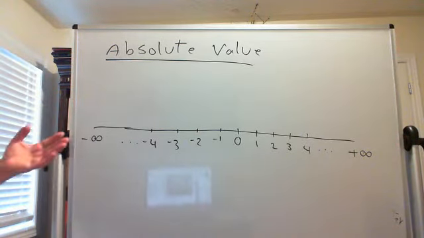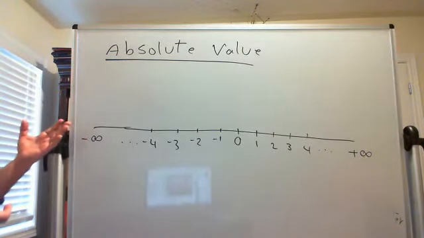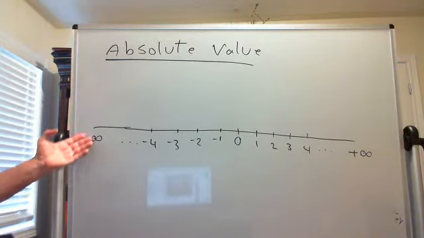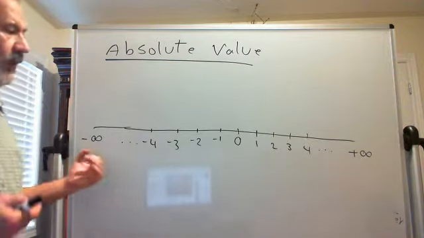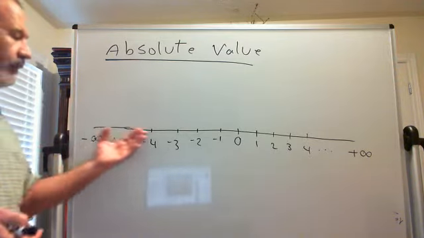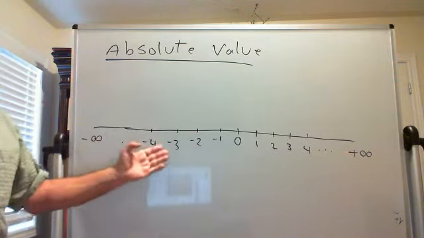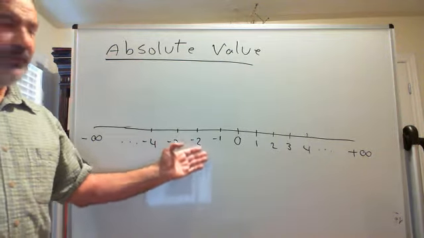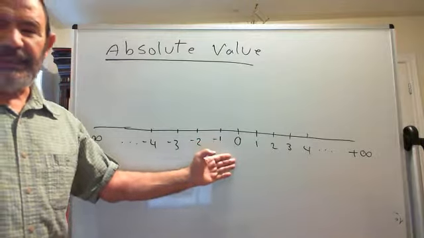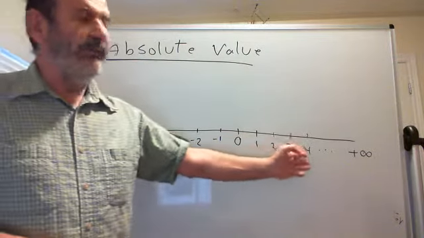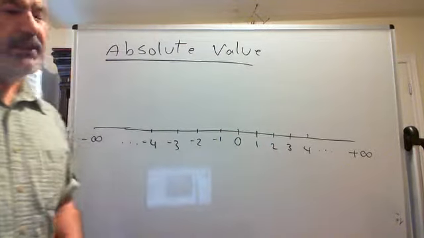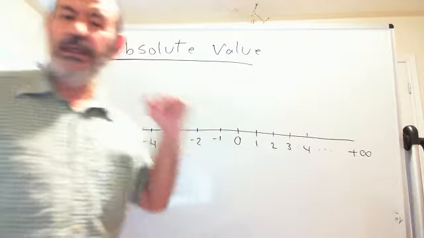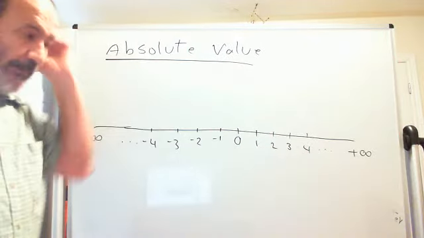Actually the number line starts from a very small number that we call negative infinity, and when we are moving from left to right, the number changes to a bigger number, negative 4, negative 3, negative 2, negative 1, and then 0, 1, 2, 3, 4, and continues up to a very large number that we cannot imagine, and we call it positive infinity.